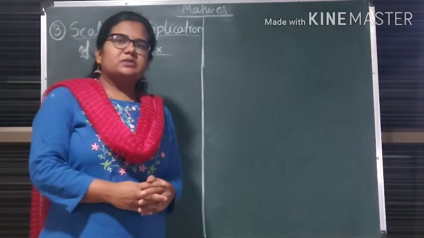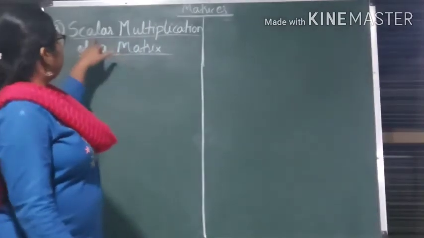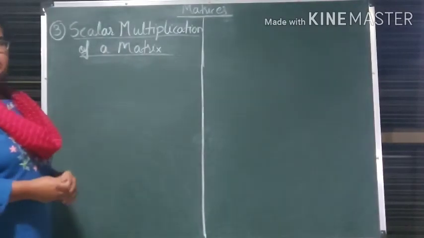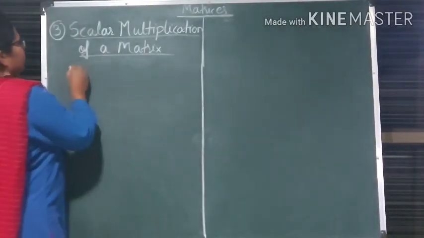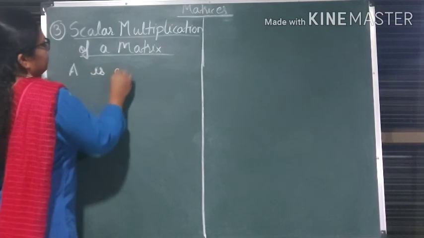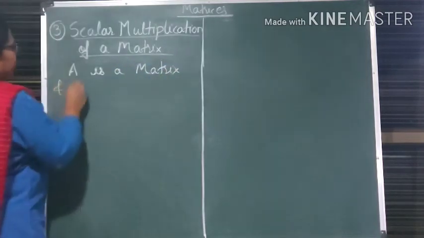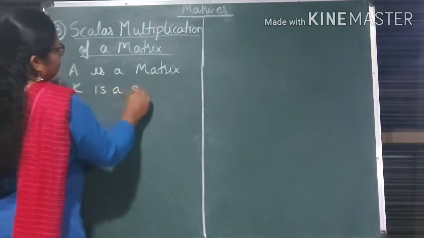Now, the next algebra you are going to study is scalar multiplication of a matrix. Now, what is scalar multiplication of a matrix? Suppose A is a matrix and K is a scalar.